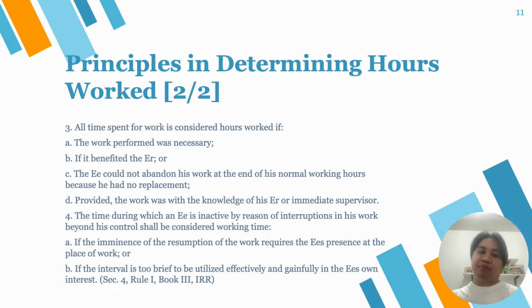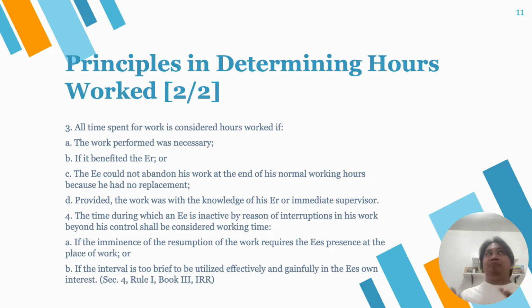Another principle in determining hours of work will be that all time spent for work is considered hours worked if the work that you're performing is necessary. Second, it benefits the employer. Third, the employee could not abandon his work at the end of the normal working hours because there is no replacement.